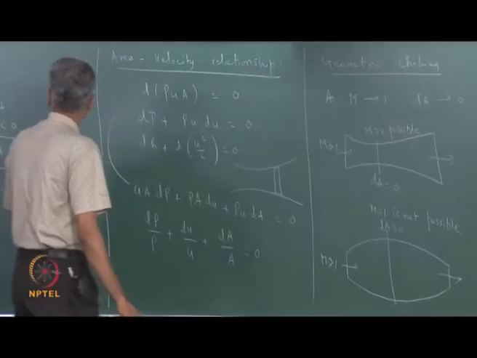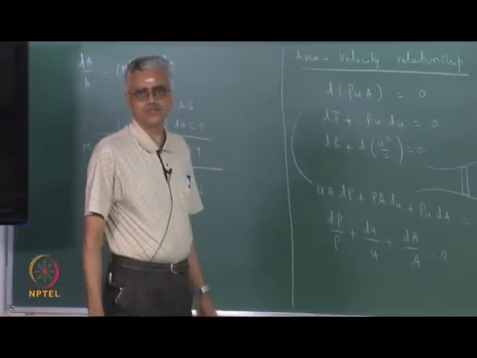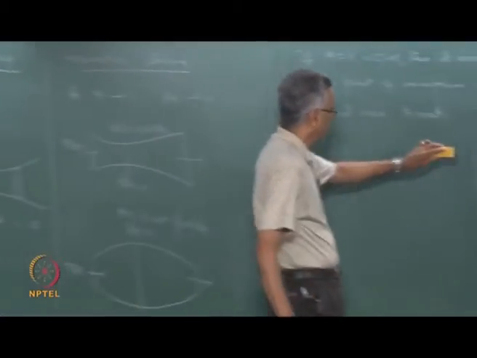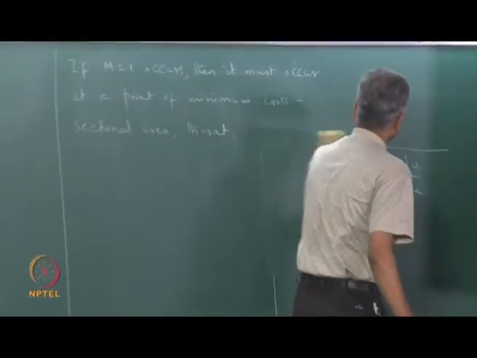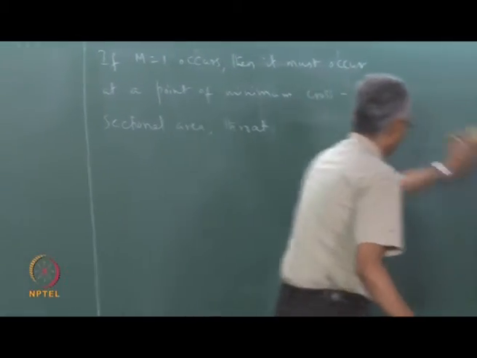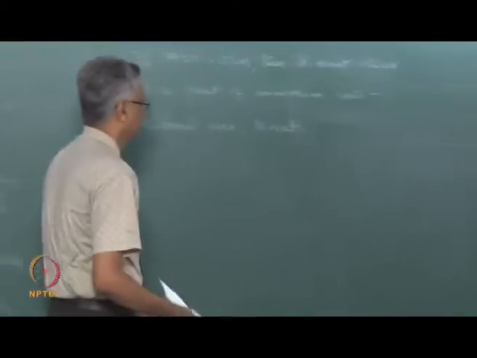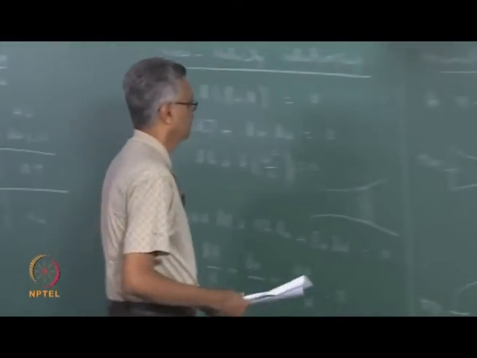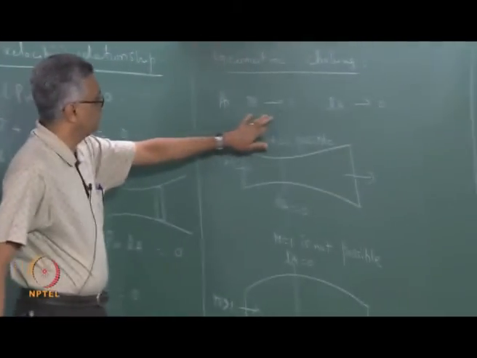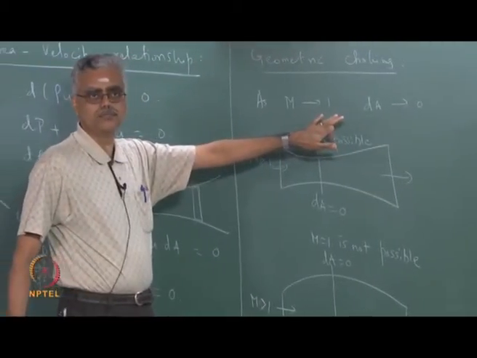Now there are other aspects to this relationship which we will see next. So we have looked at this situation as M goes to 1, dA goes to 0.